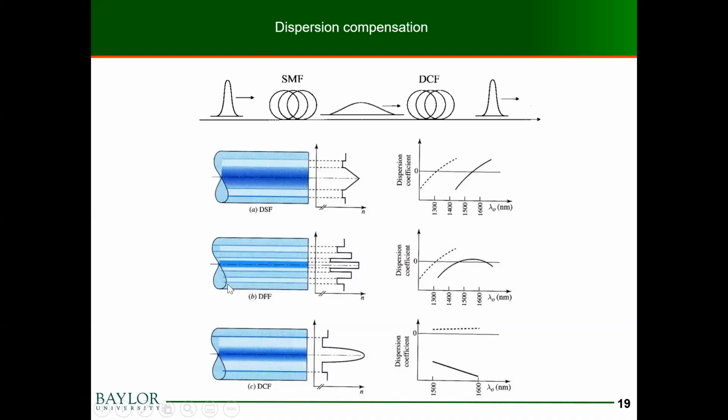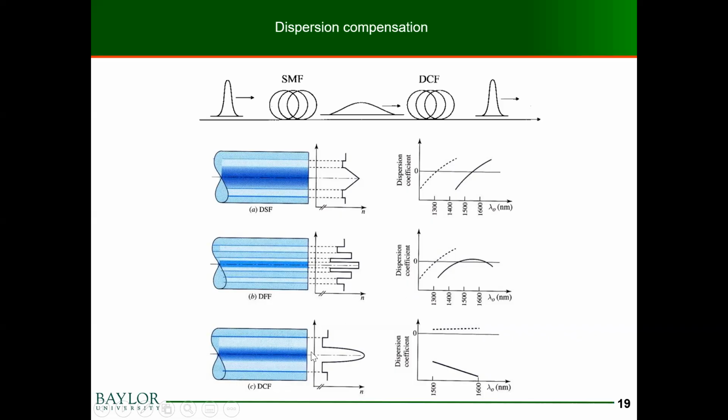And we also have so-called dispersion flattened fiber. Using some weird shape of index, your dispersion will be kind of flat, so that we can operate in this region where the dispersion is all very small, actually very small.